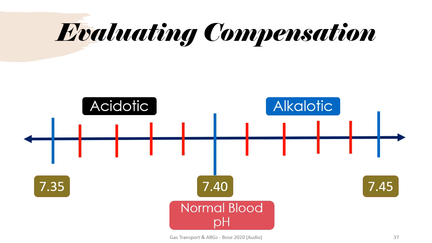Even within this normal range, therefore, going down from 7.4 towards 7.35 is reflective of sliding towards acidotic territory. Conversely, pH movement towards 7.45 is reflective of sliding towards acidemic territory.